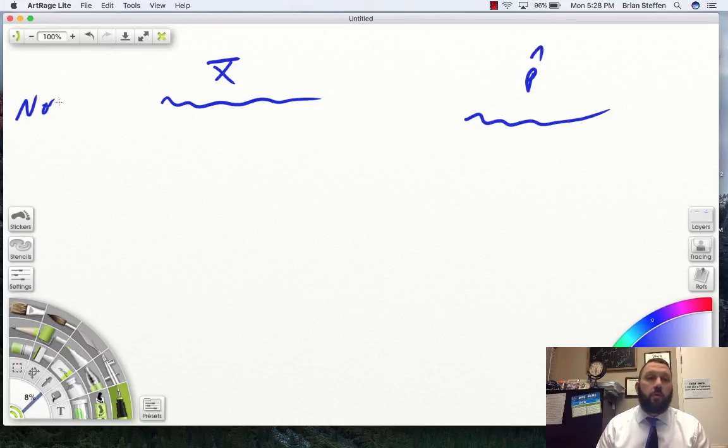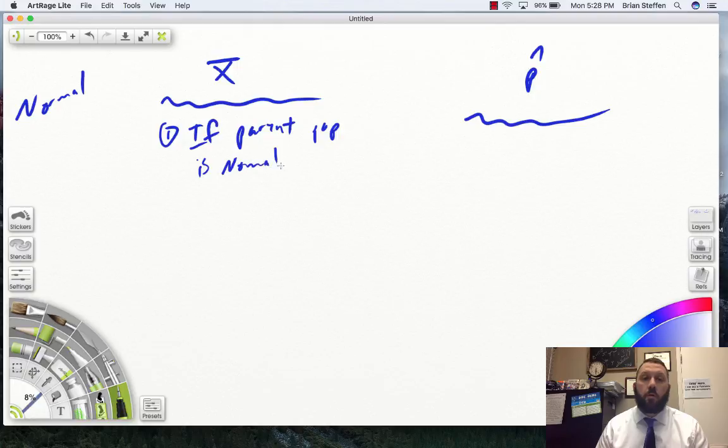Normal. In order to be normal, if the parent population is normal, then the sampling distribution of X bar is normal.